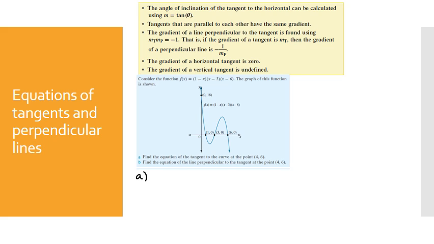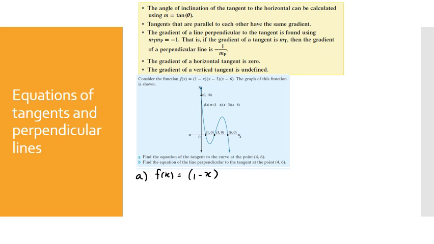Alright, so consider a function f of x equals 1 minus x, x minus 3, x minus 6, all multiplied together. And then A, find the gradient of a tangent to the curve at the point 4, 6. So firstly, we need to find the derivative. To do that, simply multiply it out.